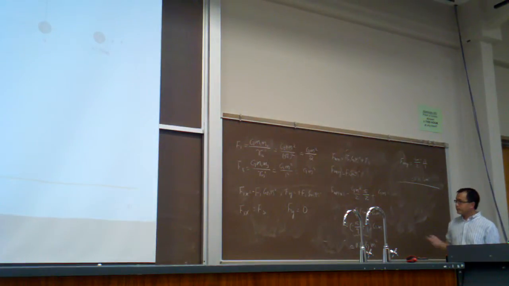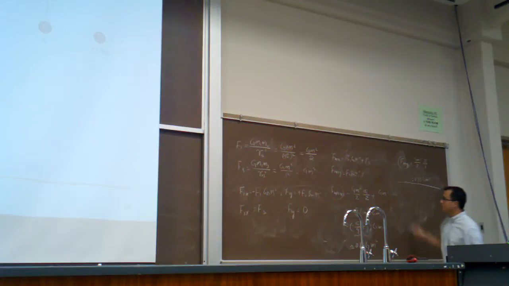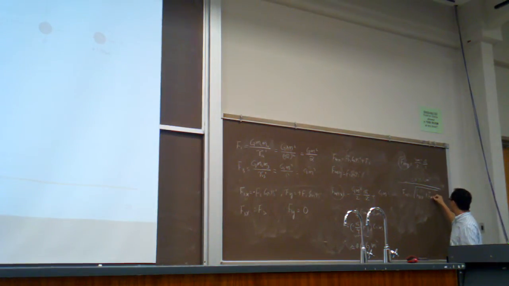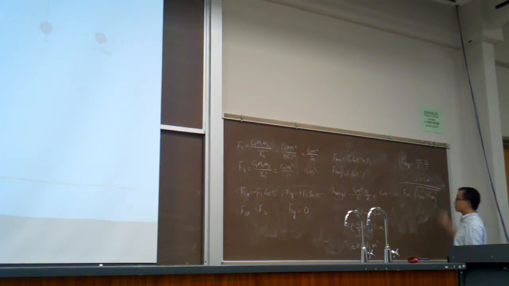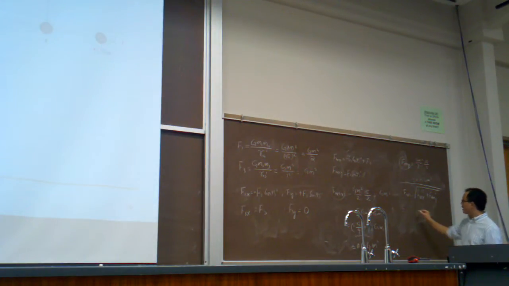Okay. And then, the idea is that once you get the x direction and y direction, you can calculate F net as the square root of F net x squared plus F net y squared. One of the important points is that this calculation can be simplified.